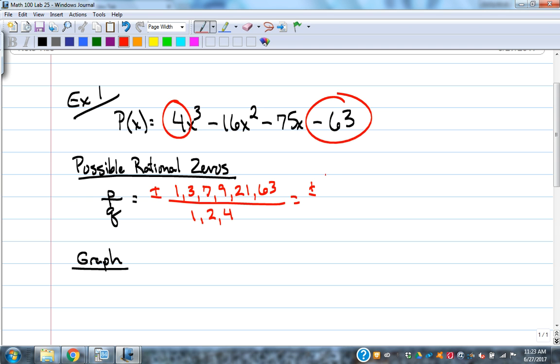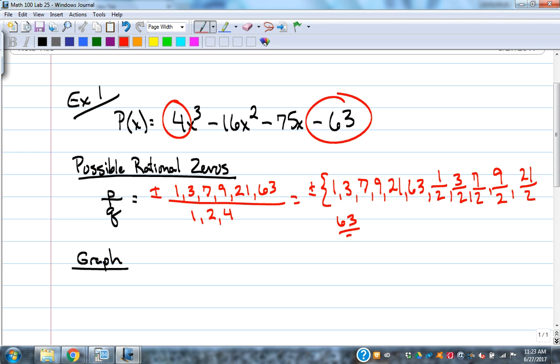So you have all of the integer numbers here when you divide them by 1. And then you start building your fractions, dividing by 2. You get quite an extensive list here, up to 63 over 2.